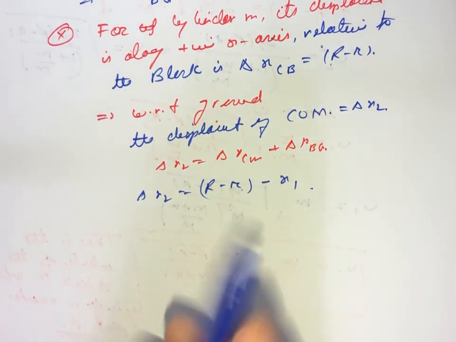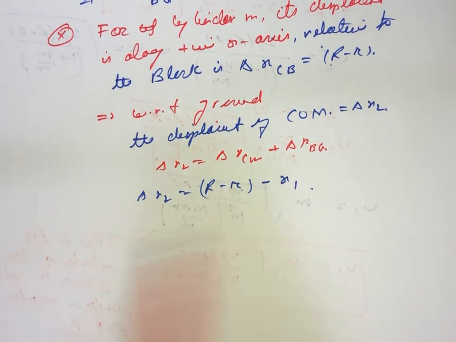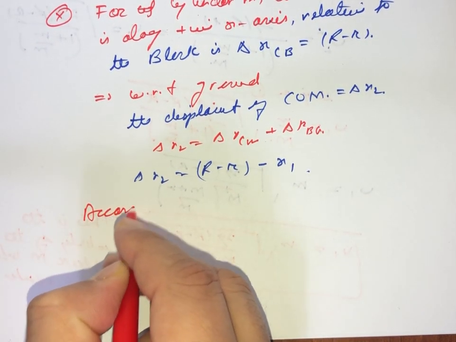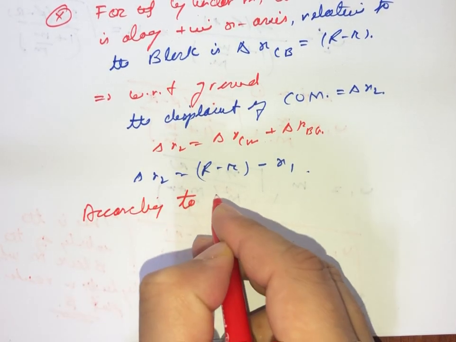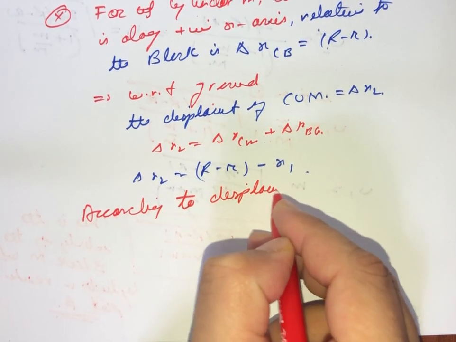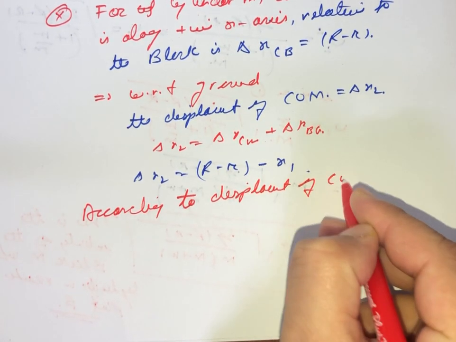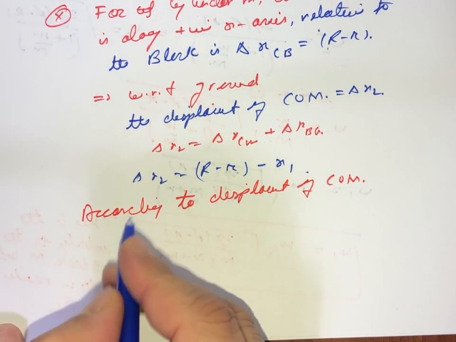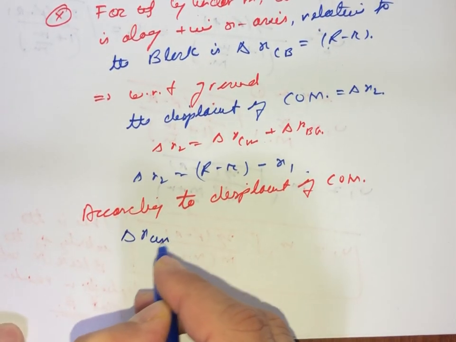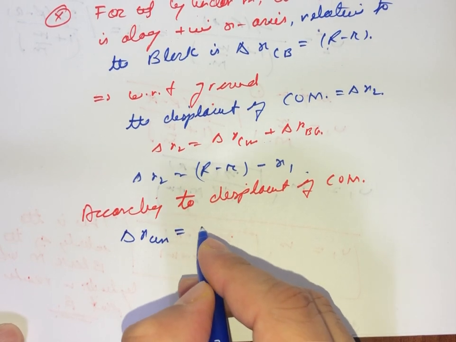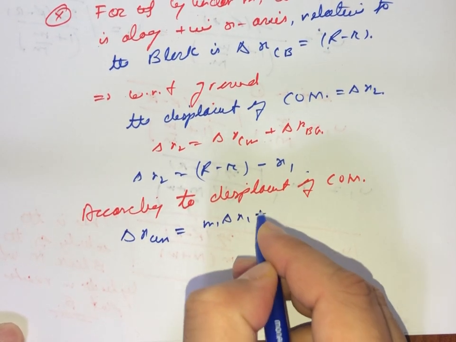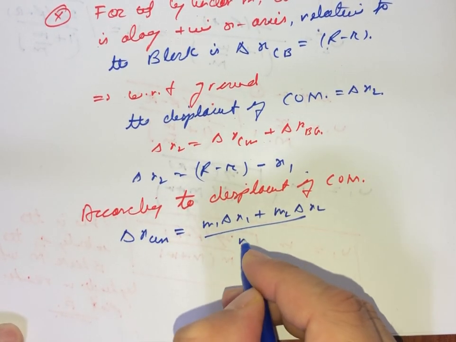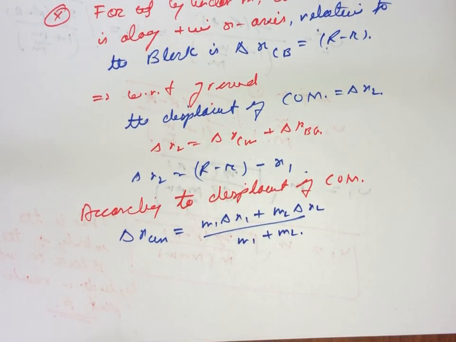So we can say, according to the displacement of center of mass, delta x cm is equal to m1 delta x1 plus m2 delta x2 divided by m1 plus m2.